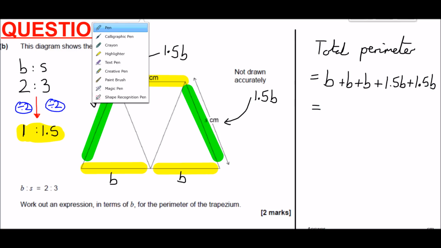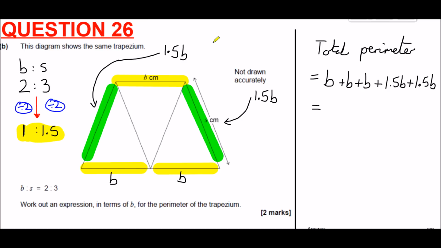If we add up all these b's together, b plus b plus b is 3 b's, and 1.5 plus 1.5 is 3. That would give us a total of 6b. So the total perimeter is 6b, and in our answer line we put down 6b.